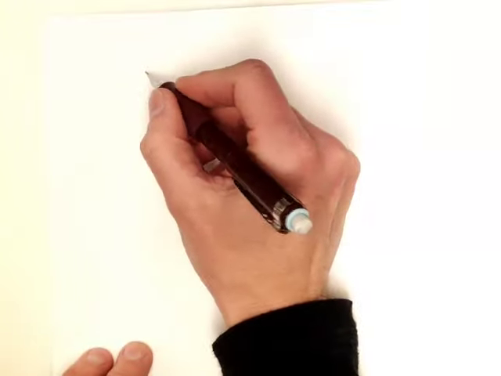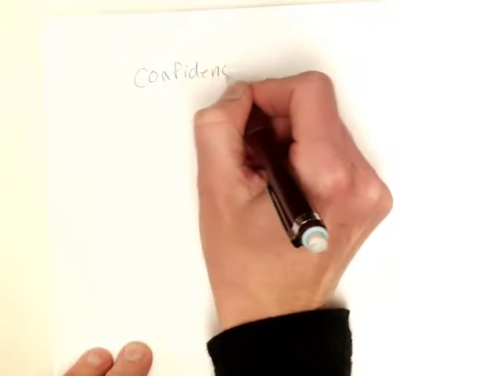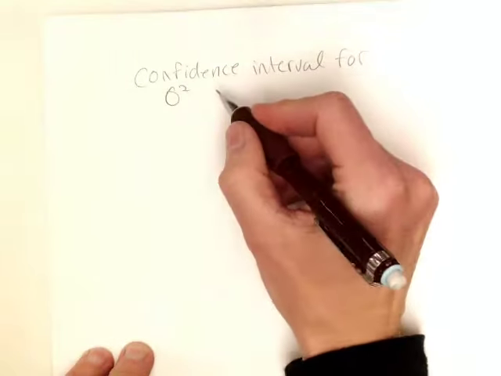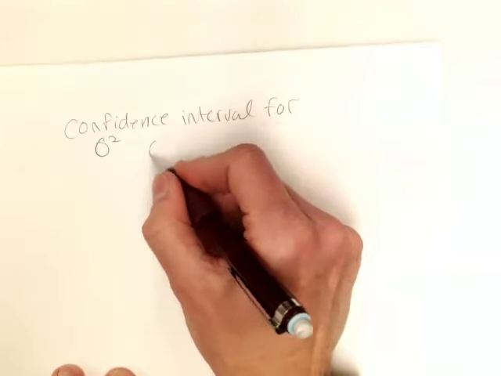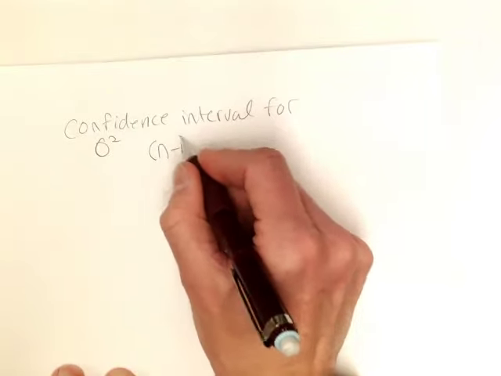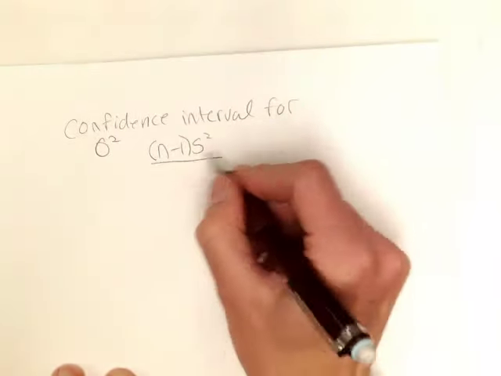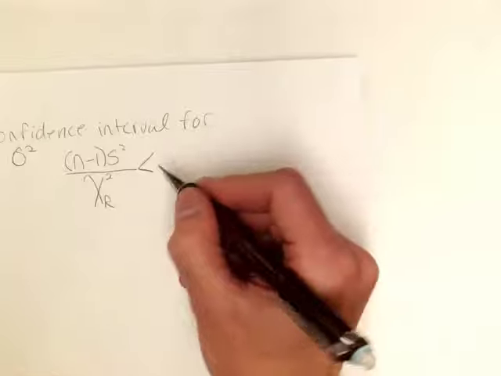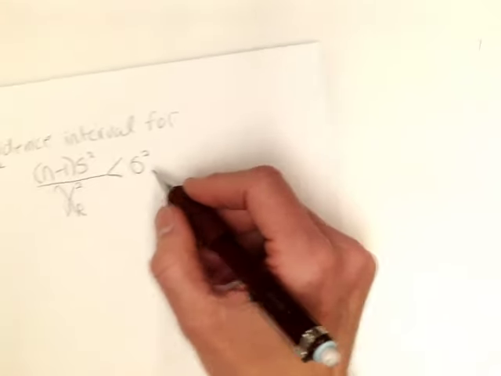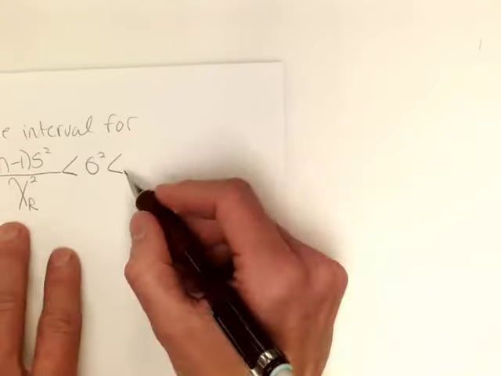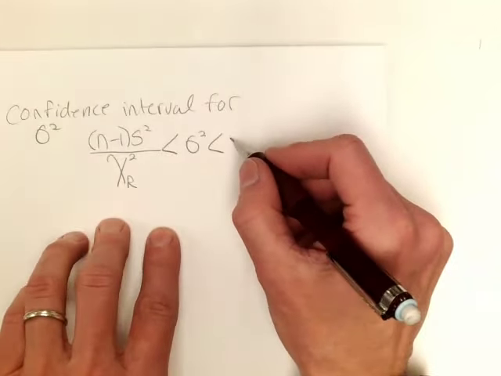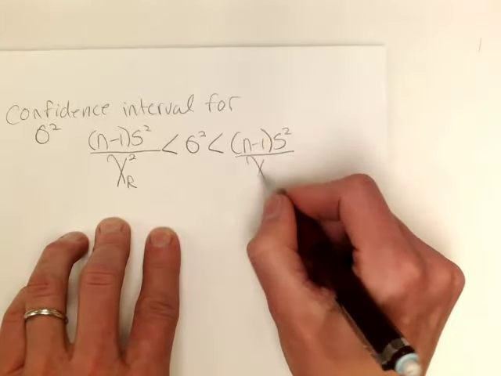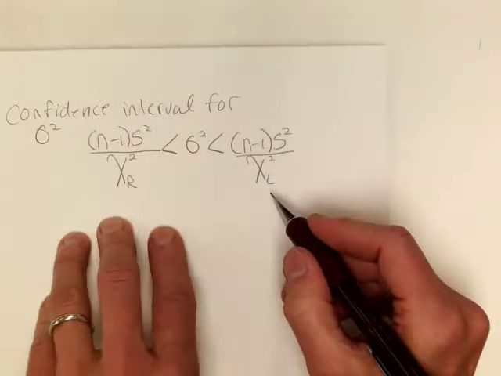Okay, so a confidence interval for the population variance: the lower endpoint is the sample size minus 1 times the sample variance over the chi-square upper critical value, and our population variance would be in between that one and the upper value, which would be n minus 1 times the sample variance over the lower critical value.